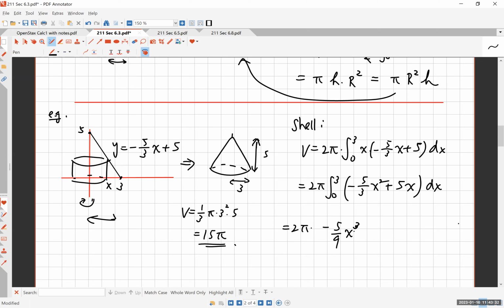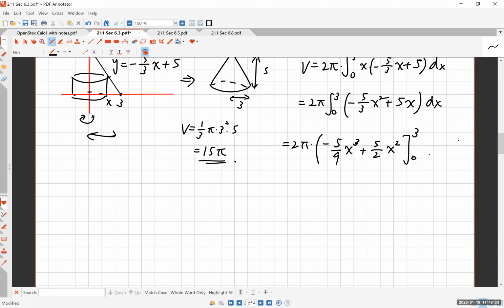So if you differentiate this mentally, you have -5 over 9 times 3, so -5/3 x squared. Right, and this is 5/2 x squared. Yeah, all right, and then this goes from 0 to 3. Make sure you have the parentheses.